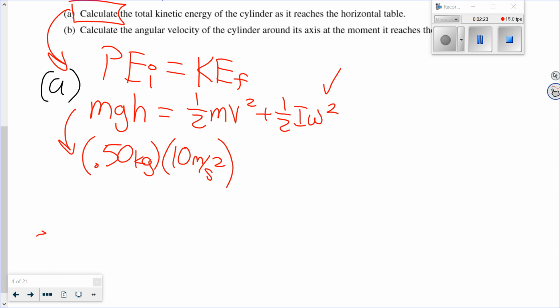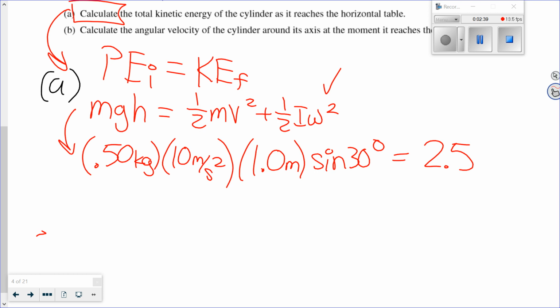Yes, so I have to do 1.0 meters times the sine of 30 degrees. Okay, so I have 0.5 times 0.5 times 10 is 2.5, and that's all the sig figs they gave me. 2.5 joules. Or maybe 2.45 if you gave 9.8. 9.8 is certainly acceptable. It's a little clunkier.